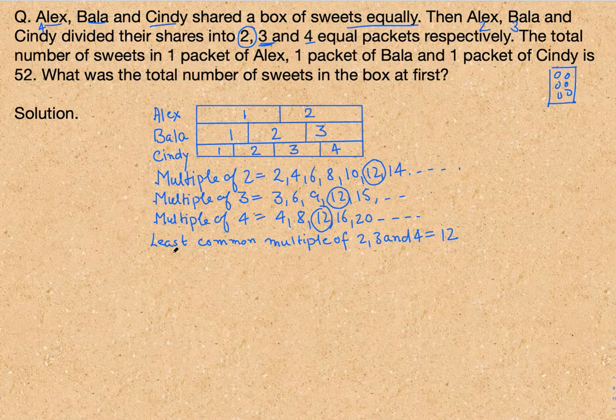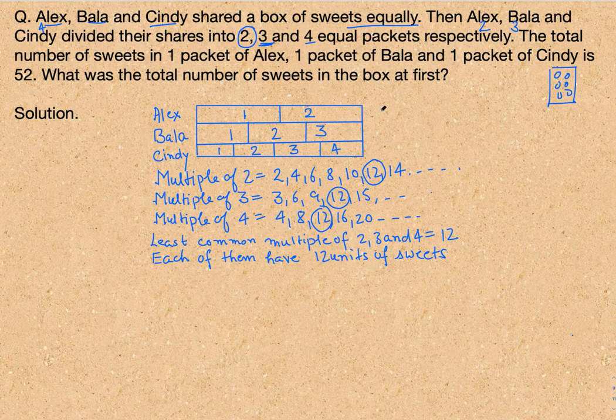That shows that each of them has 12 units of sweets. Since the minimum should be 12, it could be a multiple of 12, right?